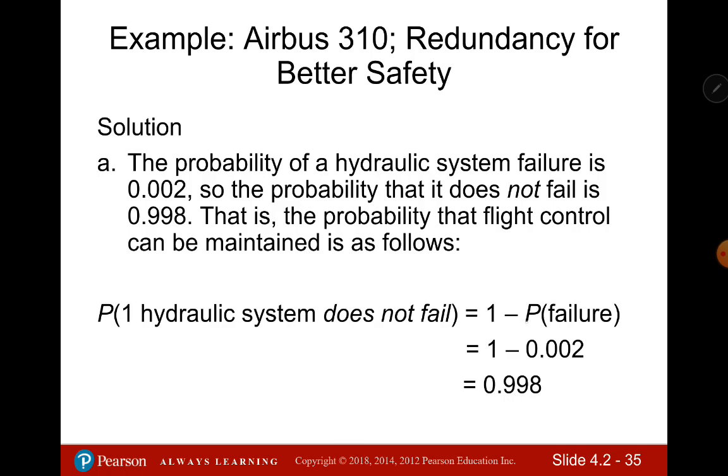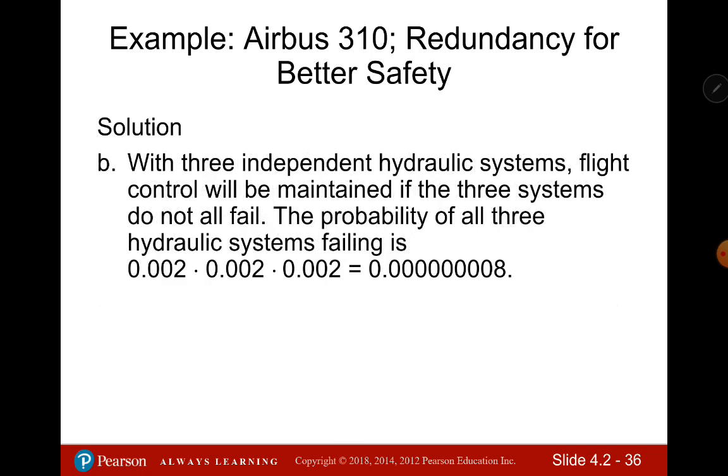So 1 minus the probability of failure gives the probability that the event does not fail. So this is the probability of one system not failing: 0.998. You think it's high, right? But let's check the second one.